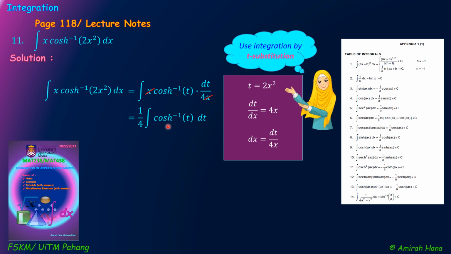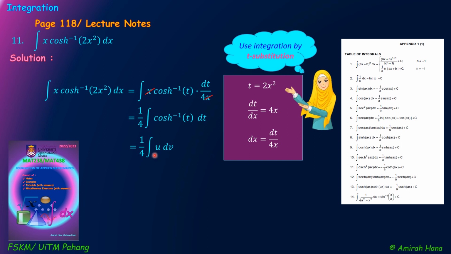In this case, we only have a single function, which is inverse cos t, so we let inverse cos t equal u. Then automatically dt equals dv. When we use integration by parts, we need to write it in the form u dv. So inverse cos t is u and dt is dv.